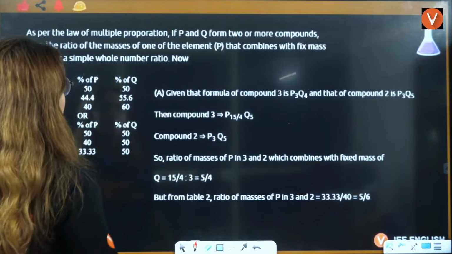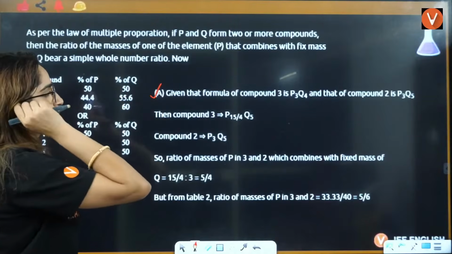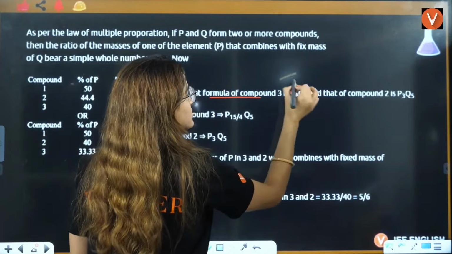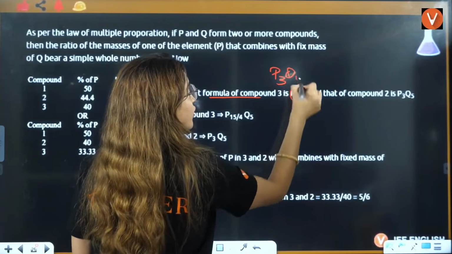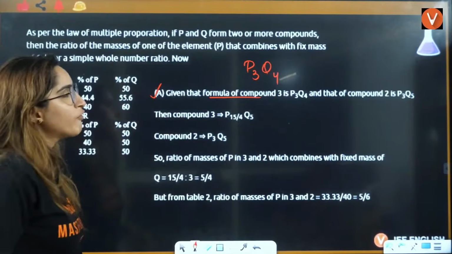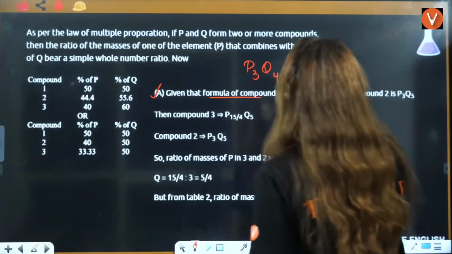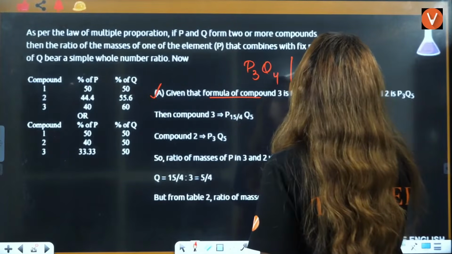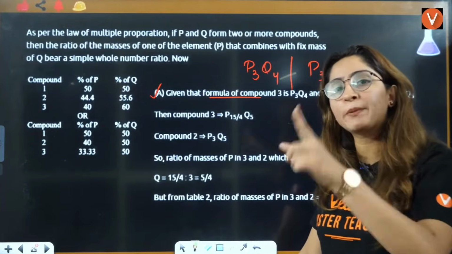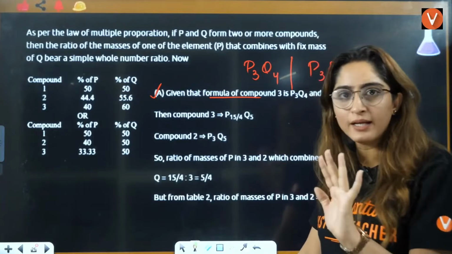See, the statement says the empirical formula of this is P3Q4, now see this very carefully, P3Q4, and of compound 2 is P3Q5. So the law of multiple proportion is applied here, right?